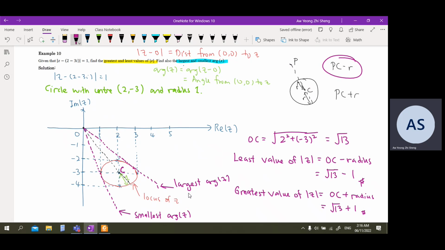First of all, we know that the two required angles must be obtained by drawing two tangent lines to the circle. So one of them must be smallest, the other must be largest. But which one is which? It depends on which one is more negative. Since both angles are going to be negative, the more negative one will give us the smallest.